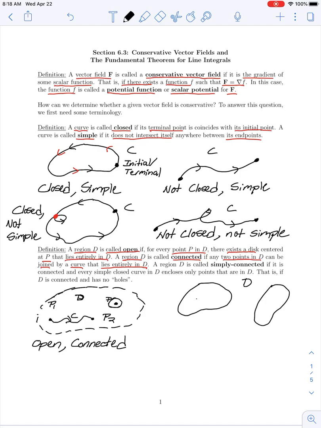So if we chose a point P1 in this first region and P2 in this second region, there is no curve that lies entirely within that region that connects those 2 points. We would have to move outside of that region for any curve to connect these 2 points. So this is an example of a region which is disconnected.